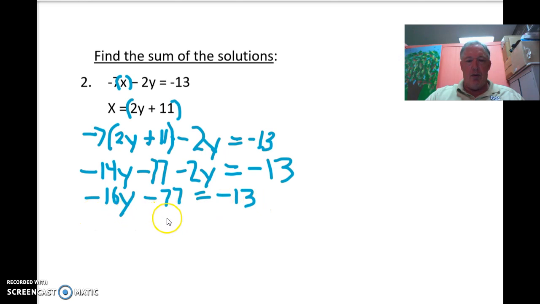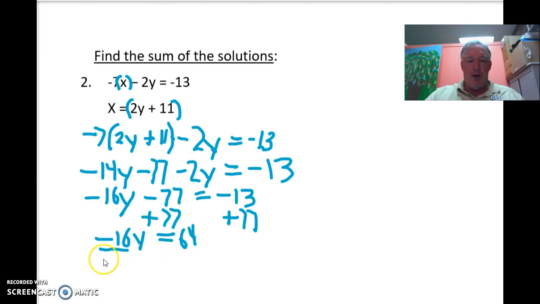And now what we're going to do is try to get y by itself. So we're going to move the number 77 over to the other side. We're going to do the opposite operation. We see a negative, we're going to add. So we have negative 16y equal to 77 minus 13. That's going to give us positive 64.